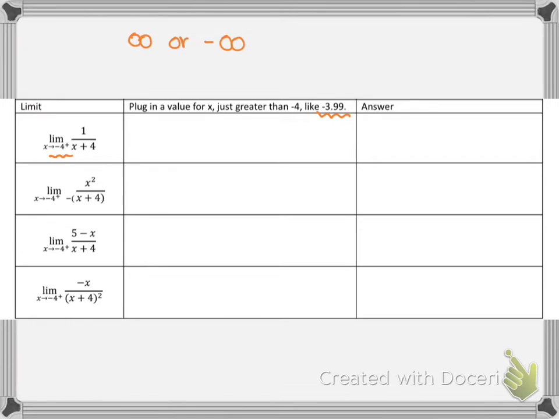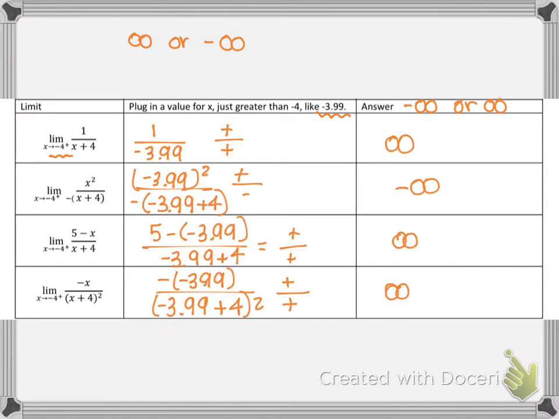So go ahead and pause the video, input the -3.99 wherever you find x, and check the sign, and then record your answer either as negative infinity or infinity. And then when you're done, resume the video and you can check your answers. So go ahead and check your answers to these 4 problems.